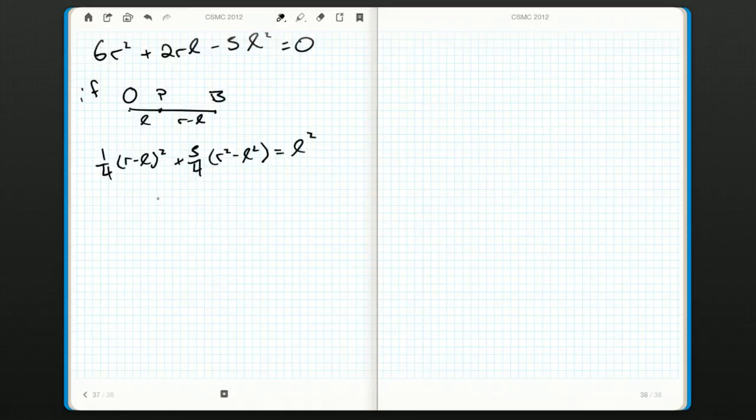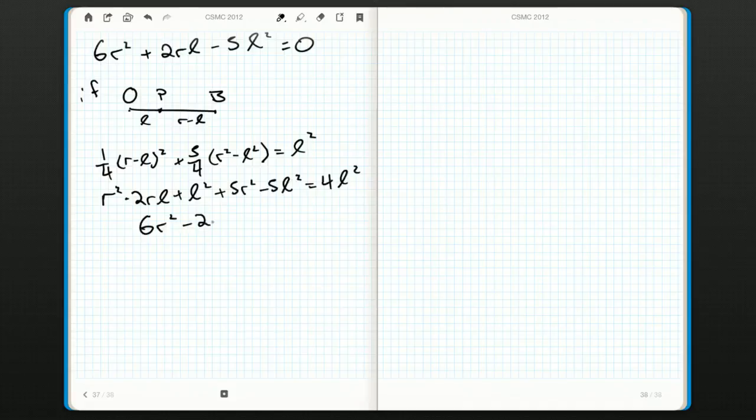Okay. So if we multiply through by 4 again, we get r squared minus 2rl plus L squared plus 5r squared minus 5L squared is equal to 4L squared. So collecting everything all together, we get 6r squared minus 2rl minus 8L squared equals 0.